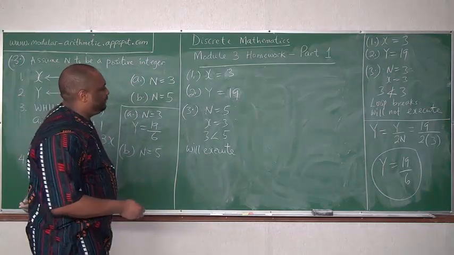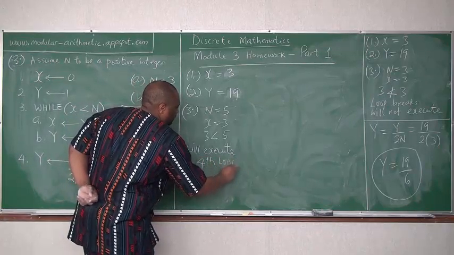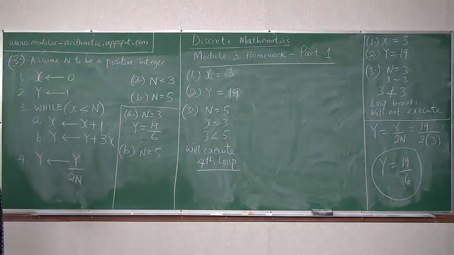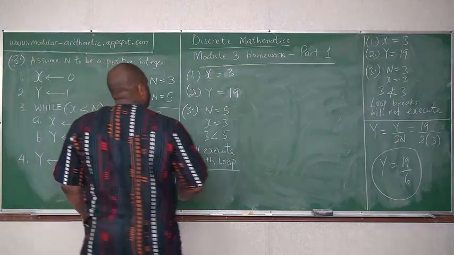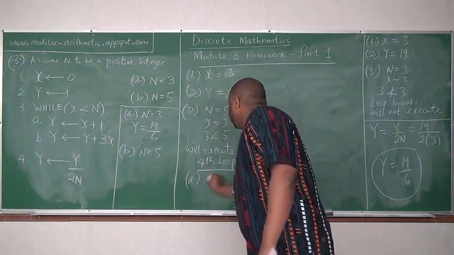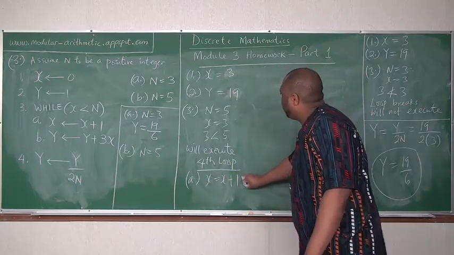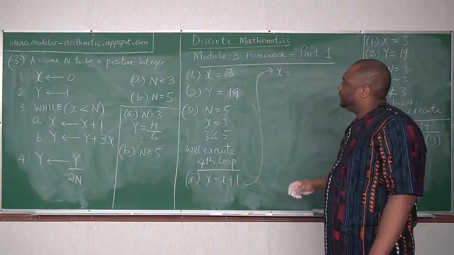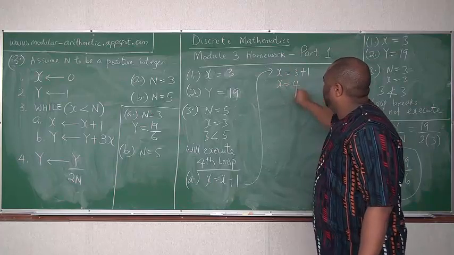And let's call this the fourth loop. Now we look at A: x is x plus 1. So our x is 3 plus 1, so x is 4.